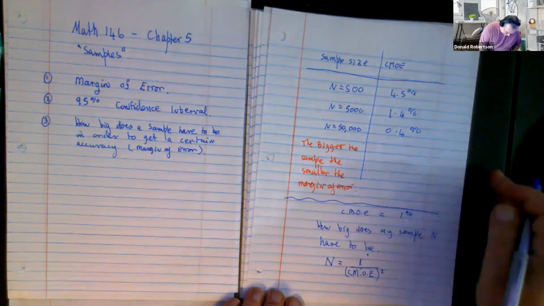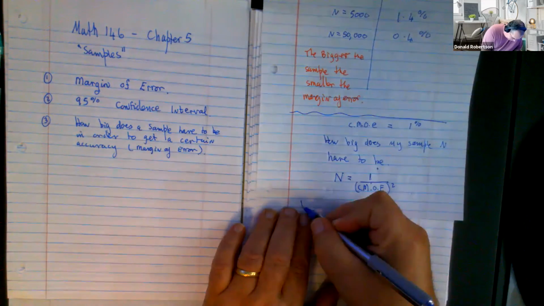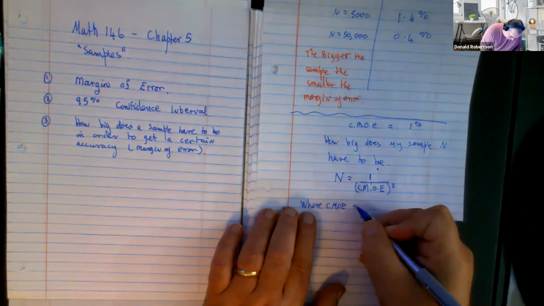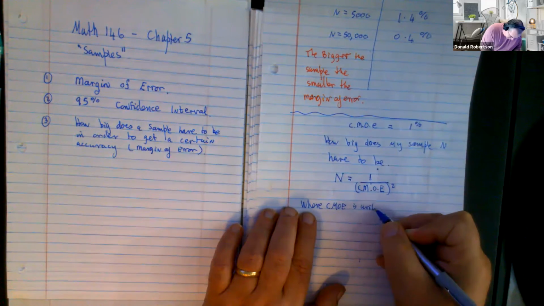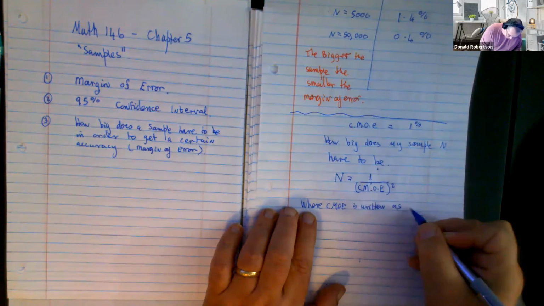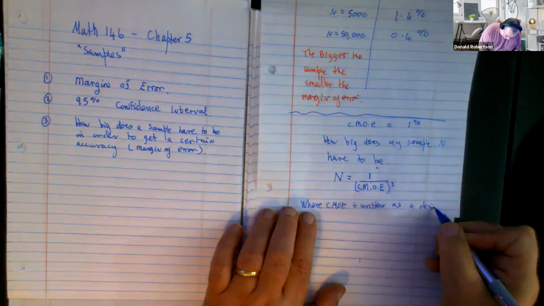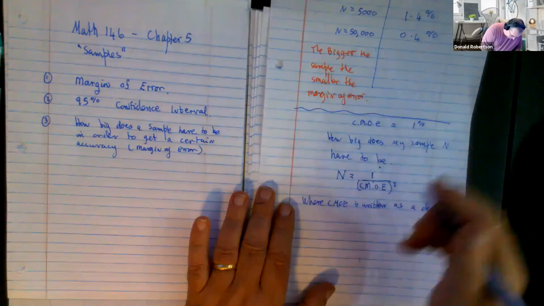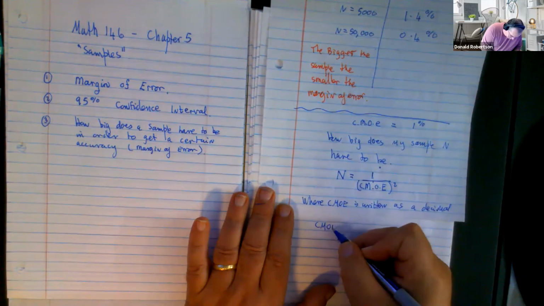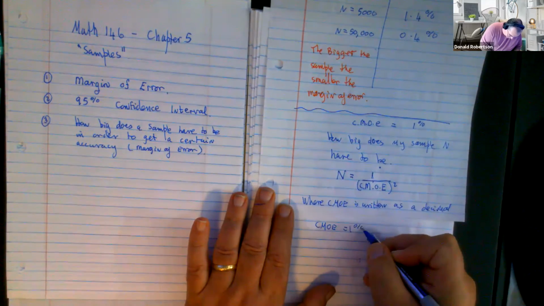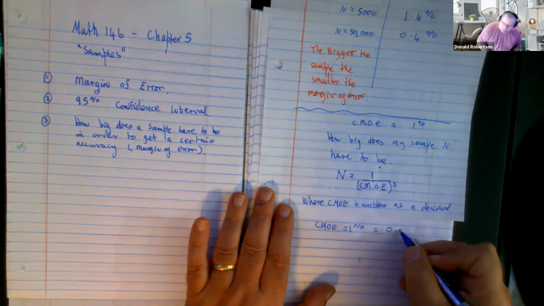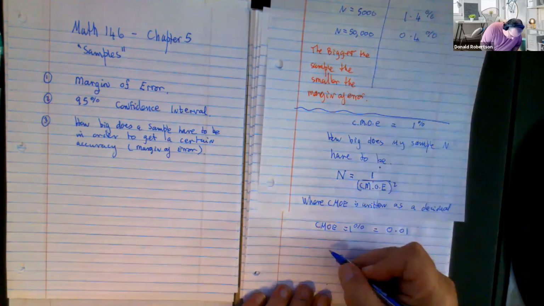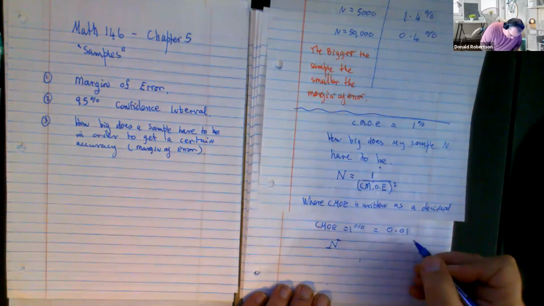But you have to be careful, where the conservative margin of error is written as a decimal. Okay. Conservative margin of error, I want it to be 1%. Would you agree as a decimal, it's 0.01? That's what I mean. So how many people do I need in my sample to get that accuracy?